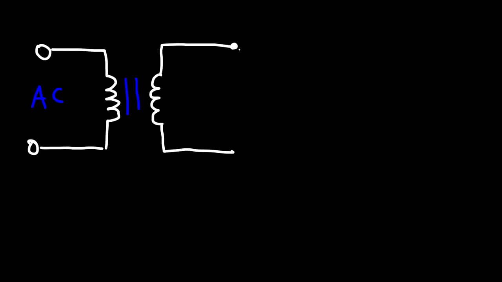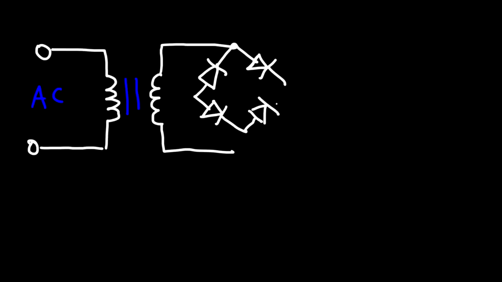Now to the right of this transformer, we have 4 diodes connected like this. And the way these 4 diodes are connected will allow us to convert an AC signal into a DC signal, which is the main purpose of a rectifier.